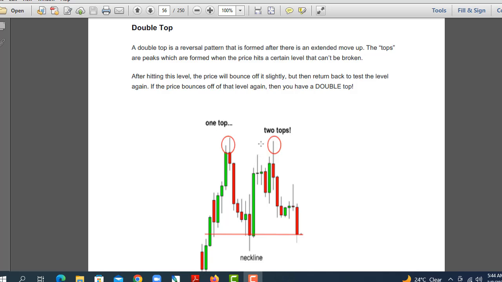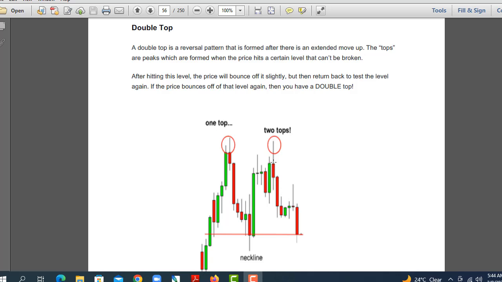So you can see we have two tops here. This is the first top and this is the second top. So this gives us a double top. Whenever you see this double top, your bias about the market is most likely going to be bearish.